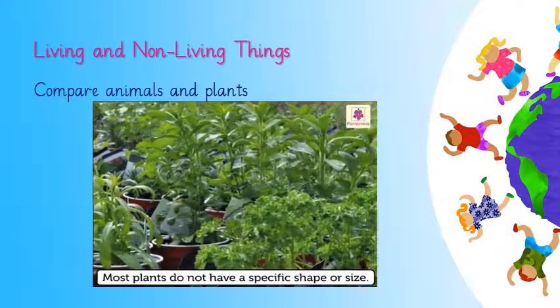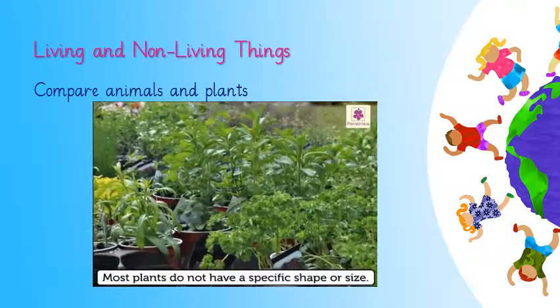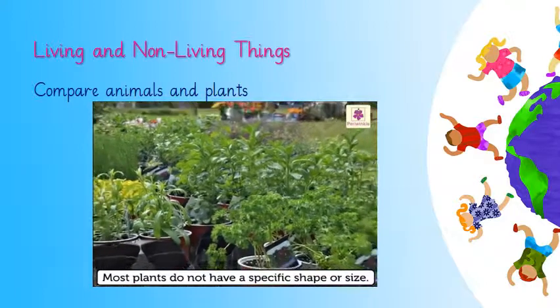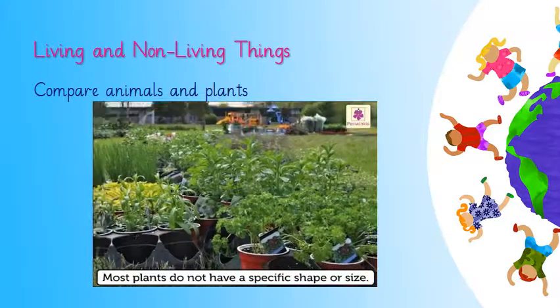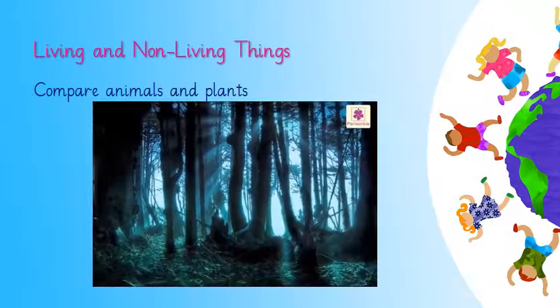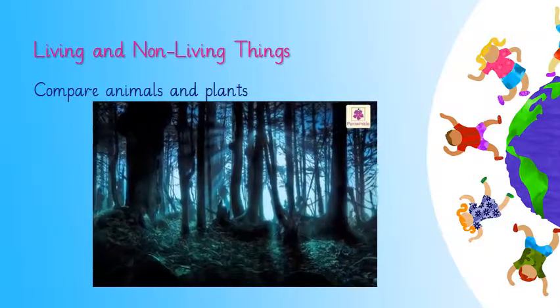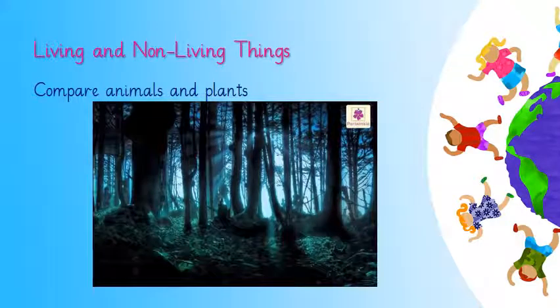5. Most plants of the same category do not have a specific shape or size by which they can be easily identified. At night, when it is dark, you will not be able to distinguish between a rain tree and a neem tree by simply looking at their outline.